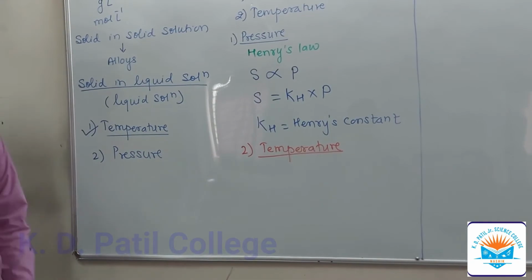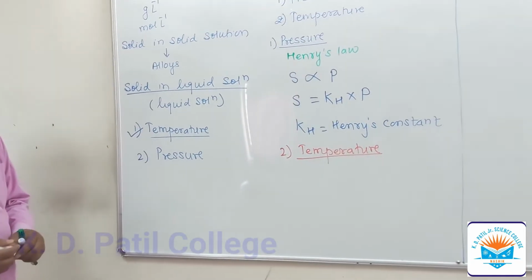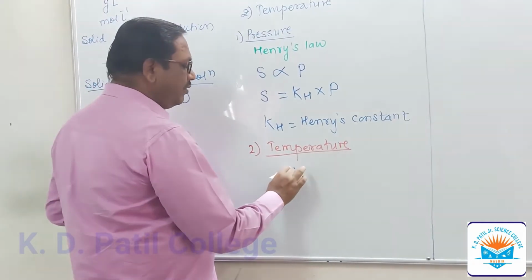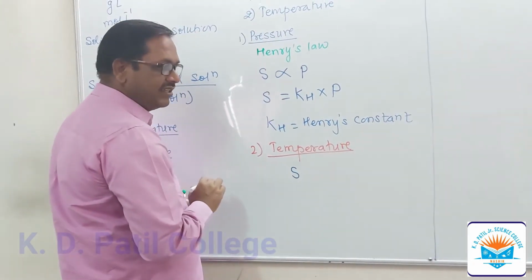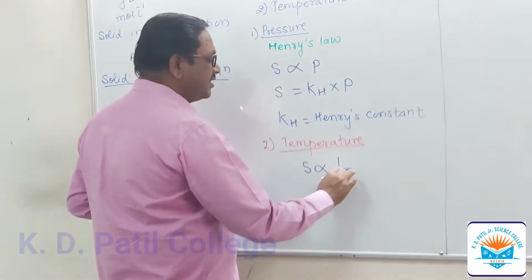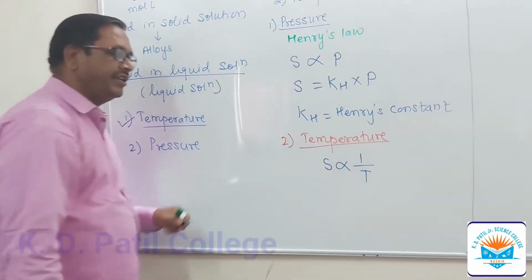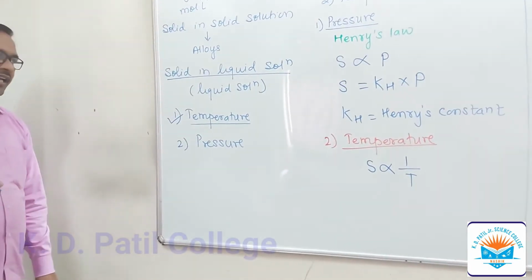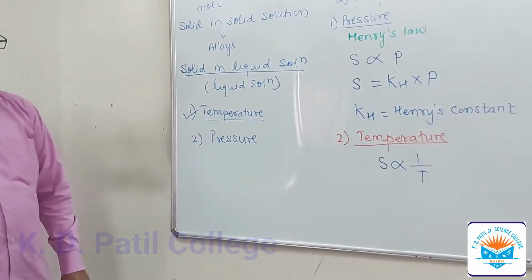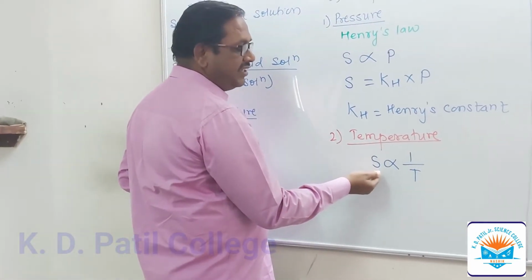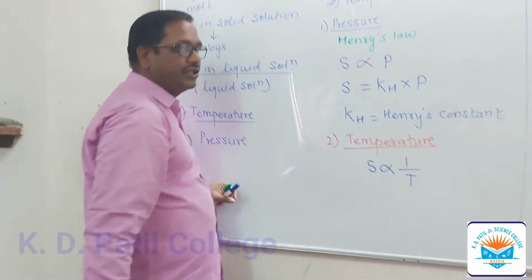In the temperature effect, first of all, the solubility of gas in a liquid is inversely proportional to the temperature. It means that when solubility and temperature are compared, the solubility of gas in liquid is inversely proportional to temperature.